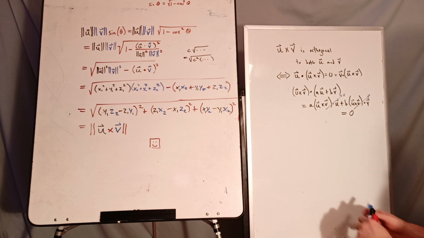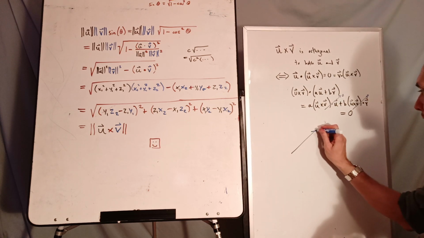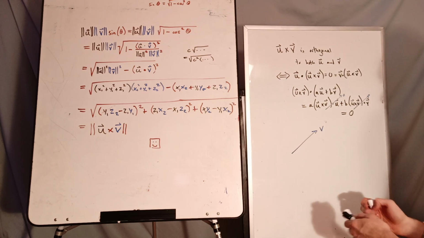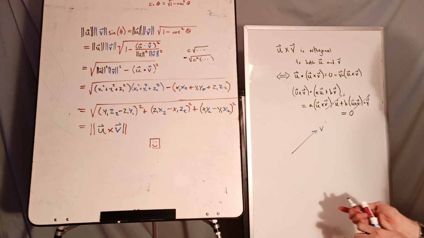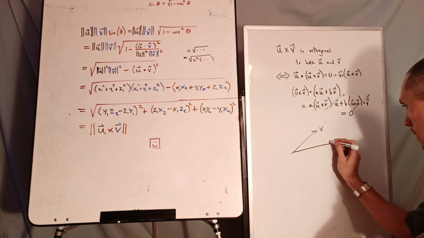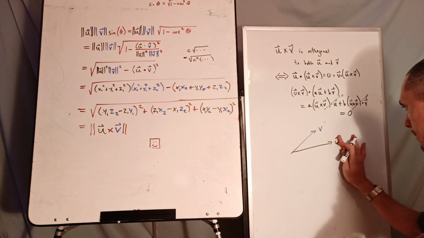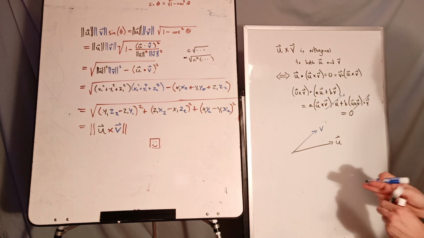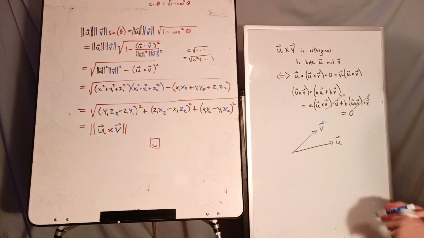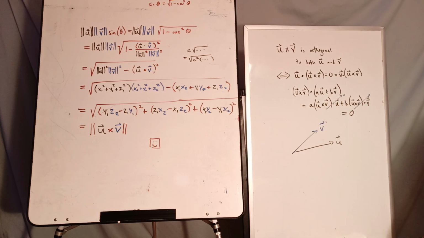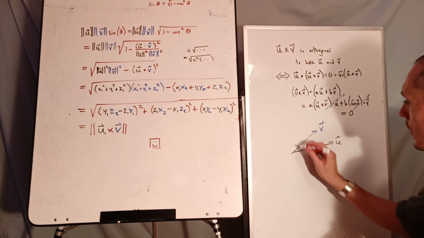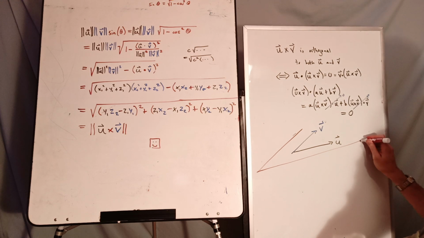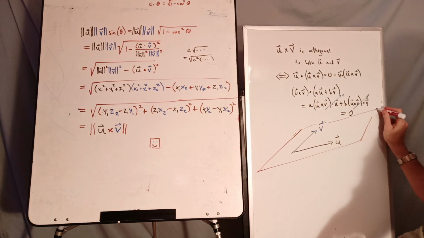Okay, so that tells me something. That tells me if I have v, the vector, and u, the vector, and these are in some plane. So I'll try to draw that or just suggest that like this. Here's a plane, and they're both lying in this plane.